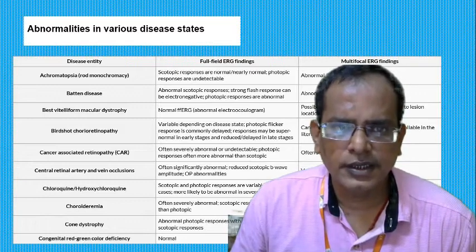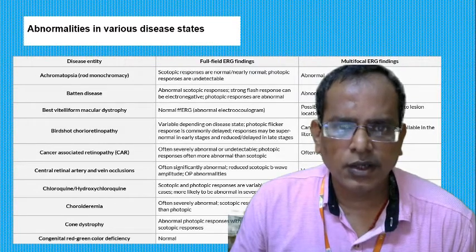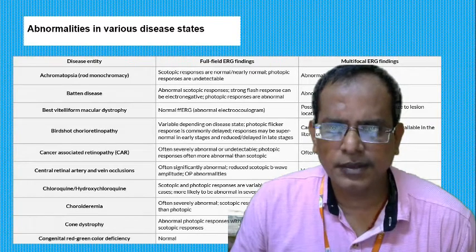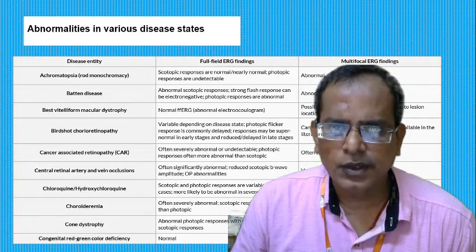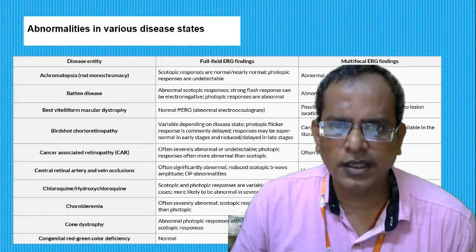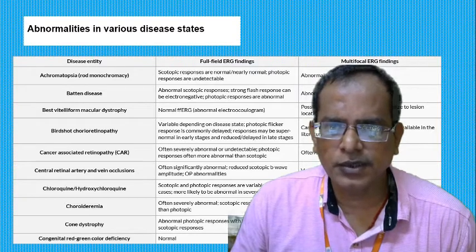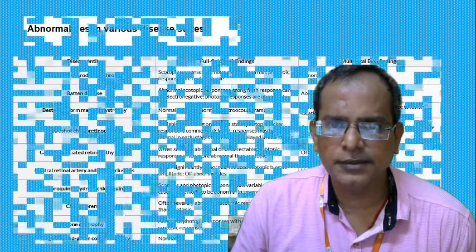Okay, see here, achromatopsia is called rod monochromacy. This is the abnormal one. Here the scotopic responses are normal or nearly normal, while the photopic responses are undetectable.